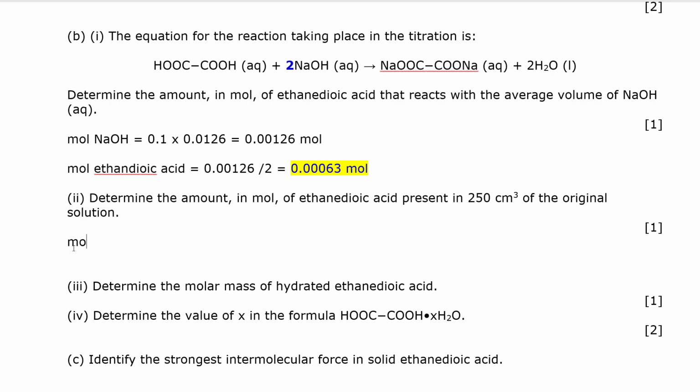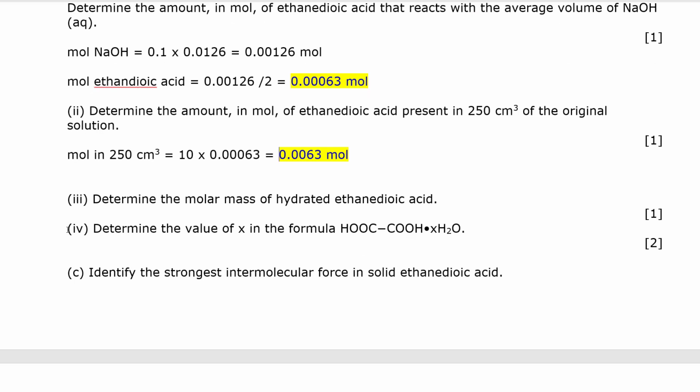So the moles in 250 centimeter cubed equals 10 times 0.00063 equals 0.0063 moles. Right, so now we know the moles of ethandioic acid. Let me highlight it. There's the moles of ethandioic acid.